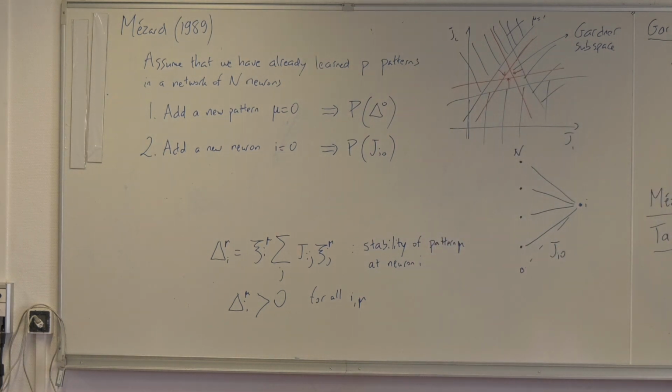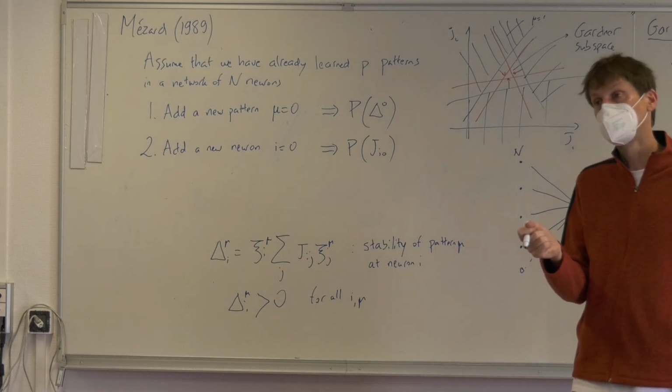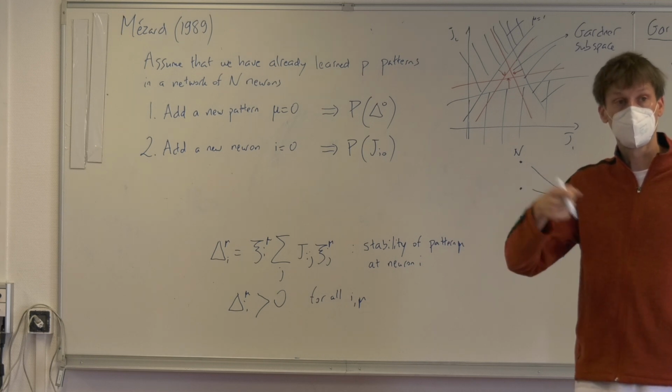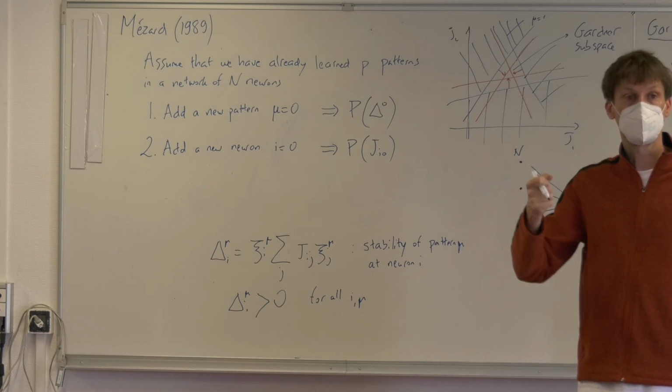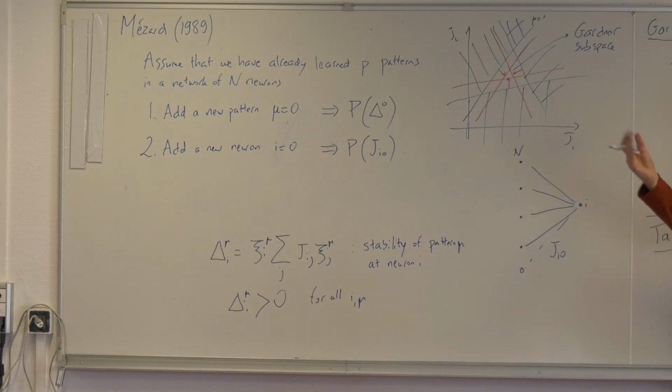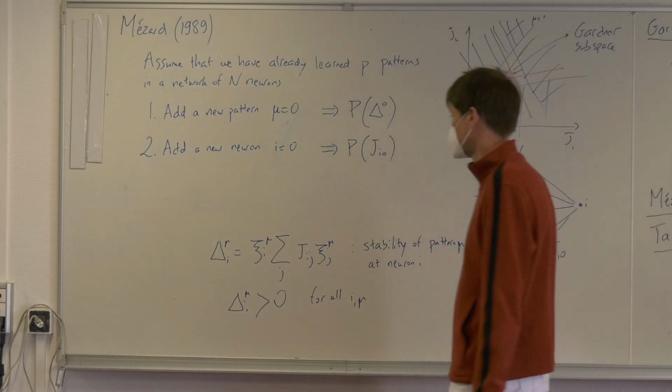And this weight will be constrained by the fact that you're adding a new neuron, and now this coupling has to be done in such a way as to not perturb the learning of the previous patterns that I've already learned. And so that involves constraints on these weights, and that will give us the distribution of this synaptic weight.